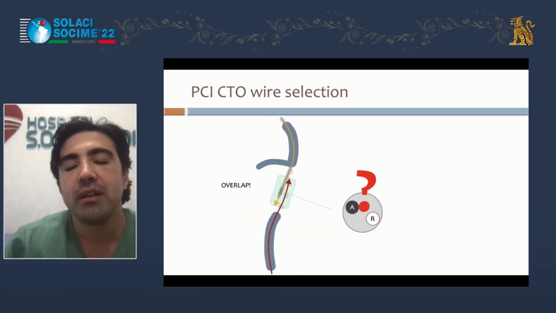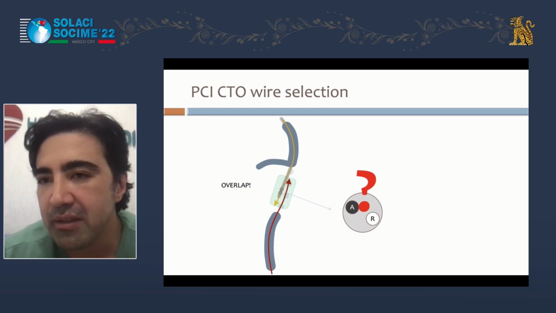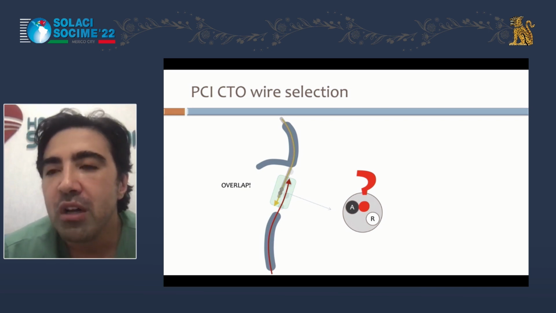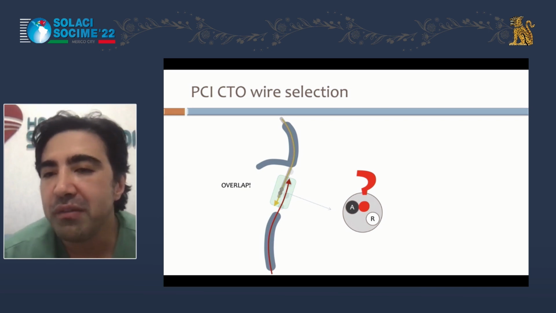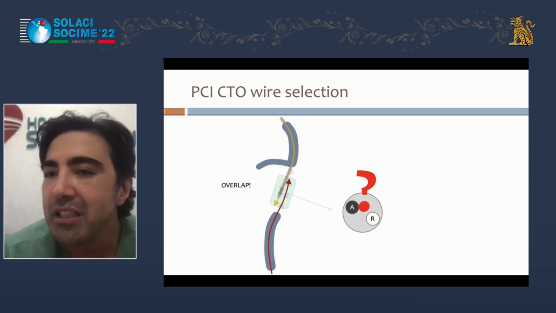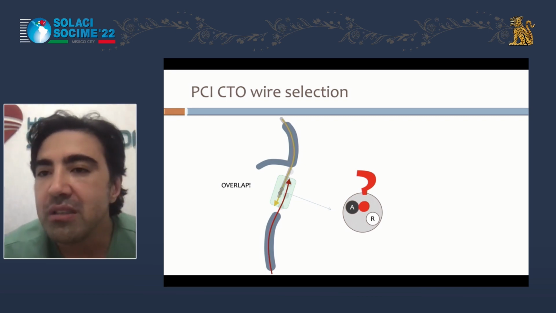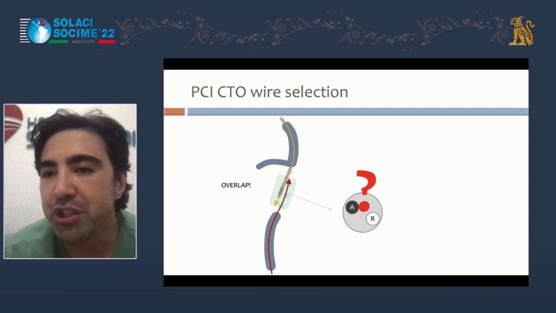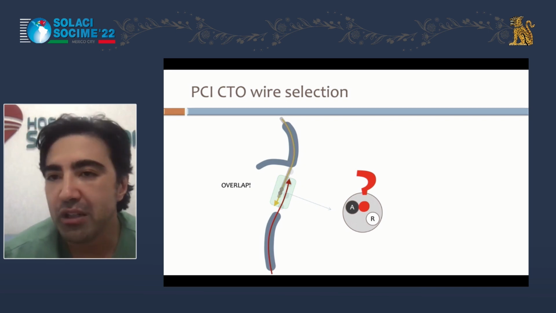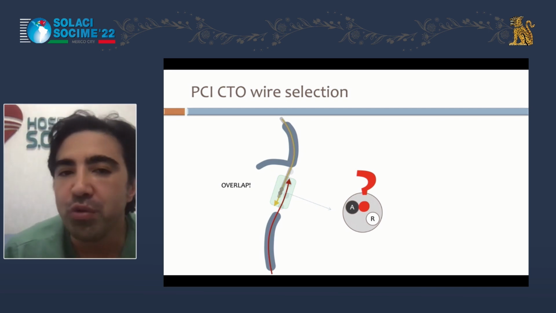In this example, you have the antegrade wire and the retrograde wire in the intimal plaque. Then it's much easier for the retrograde wire to advance, and you do a reverse CART, or a tip-in, or a rendezvous.